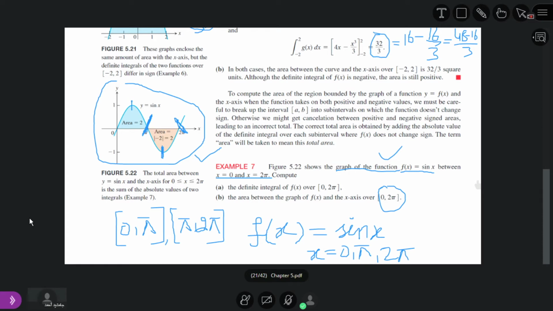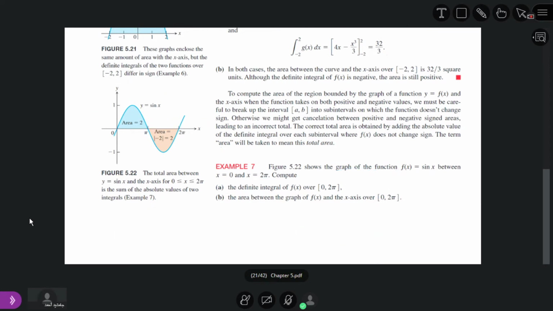First we solve the simple one: the definite integral of f of x over this. For this part, no need to divide the interval into sub-intervals. For the second part, we must divide the interval into sub-intervals.